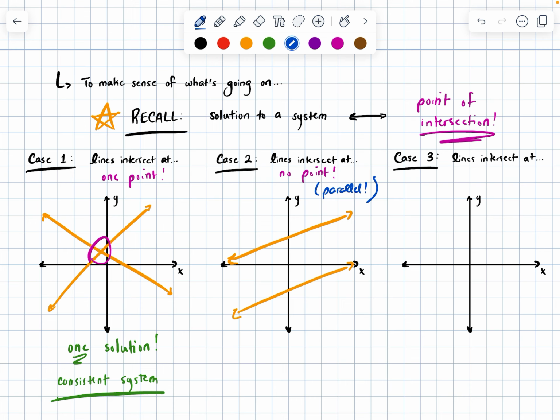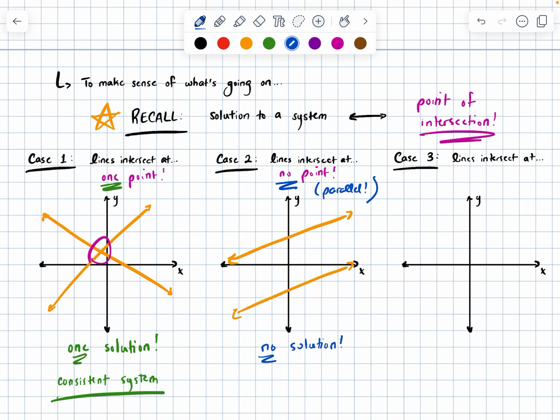So notice, if I have one point of intersection, I have one solution. But if my lines don't intersect, there is not a point of intersection, what does that tell me about the solution set? Well, a solution is a point of intersection, and if there are no points of intersection, there are no solution. So this system of equations would have no solution.